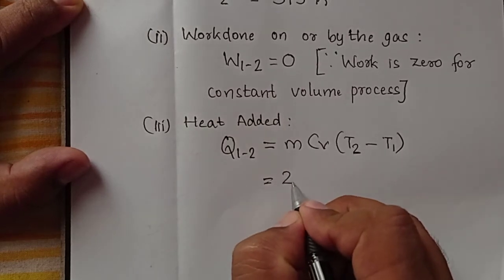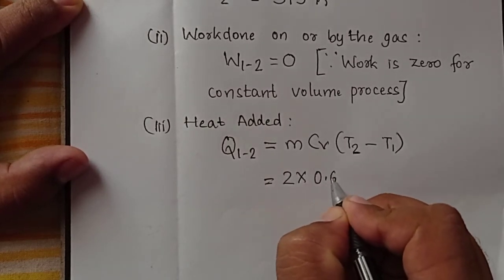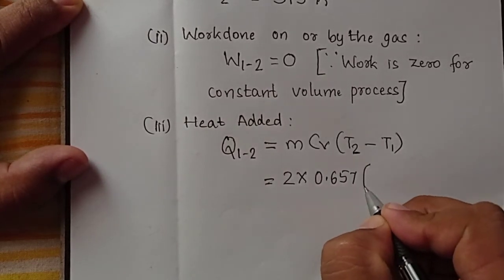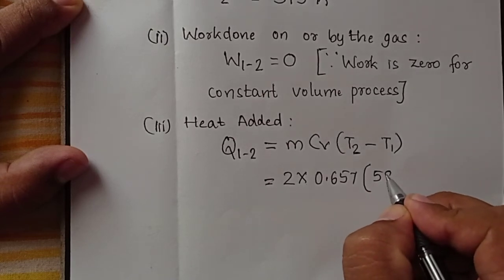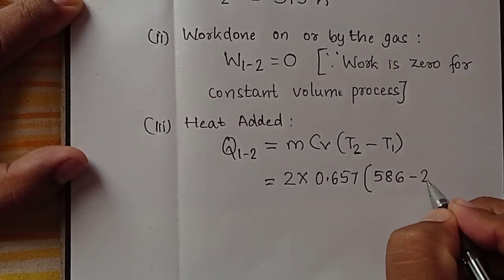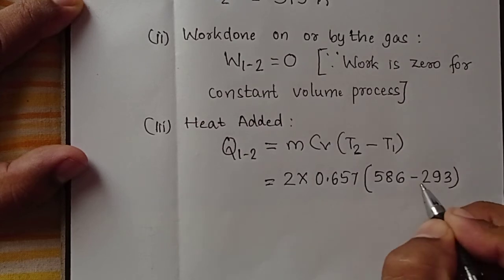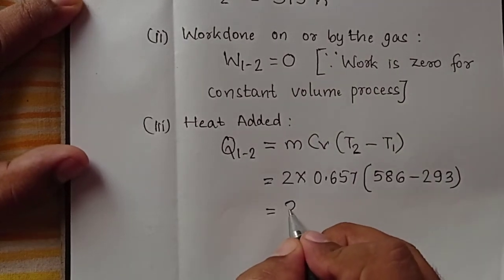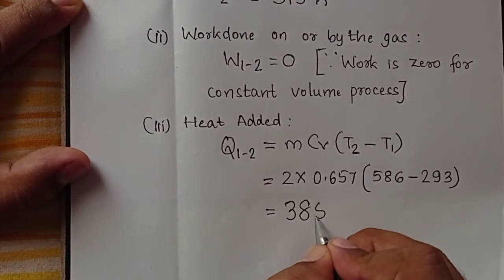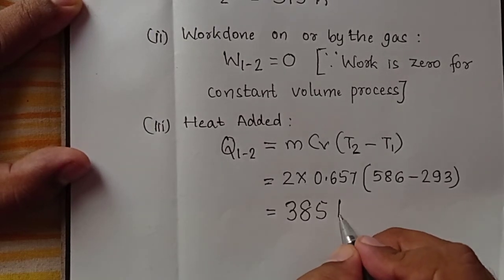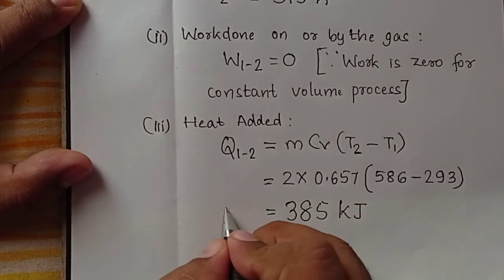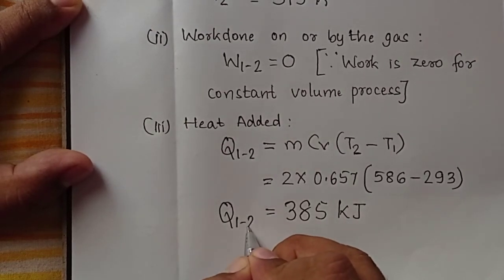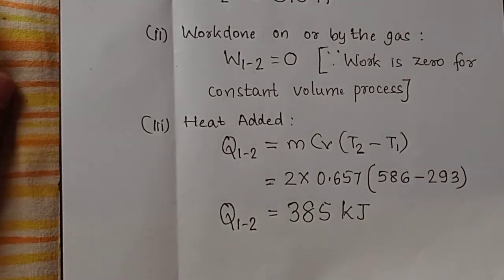So 2 into Cv 0.657 into T2, which is 586, minus 293, since you have already converted the 20 into Kelvin. That gives me the answer as 385 kilojoules. 385 kilojoules is the heat added to the system.